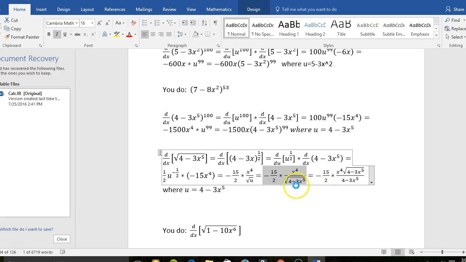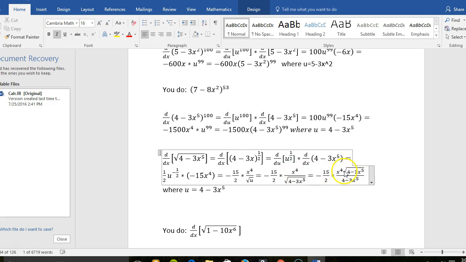But what we're going to do, guys, is if I stick another radical 4 minus 3x to the 5th on the bottom, that would give me ordinary 4 minus 3x to the 5th. But I'd have to stick one up here as well. So that would come up here multiplicatively with that x to the 4th.